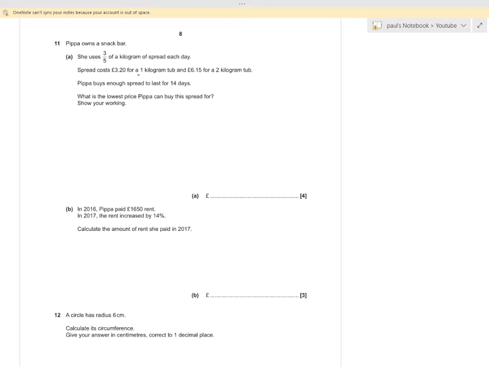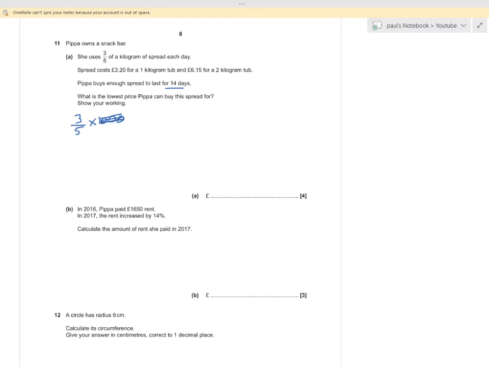So let's find out how much she uses in 14 days, 3/5 of a kilogram. So I can do just 3/5 of 1, can't I?